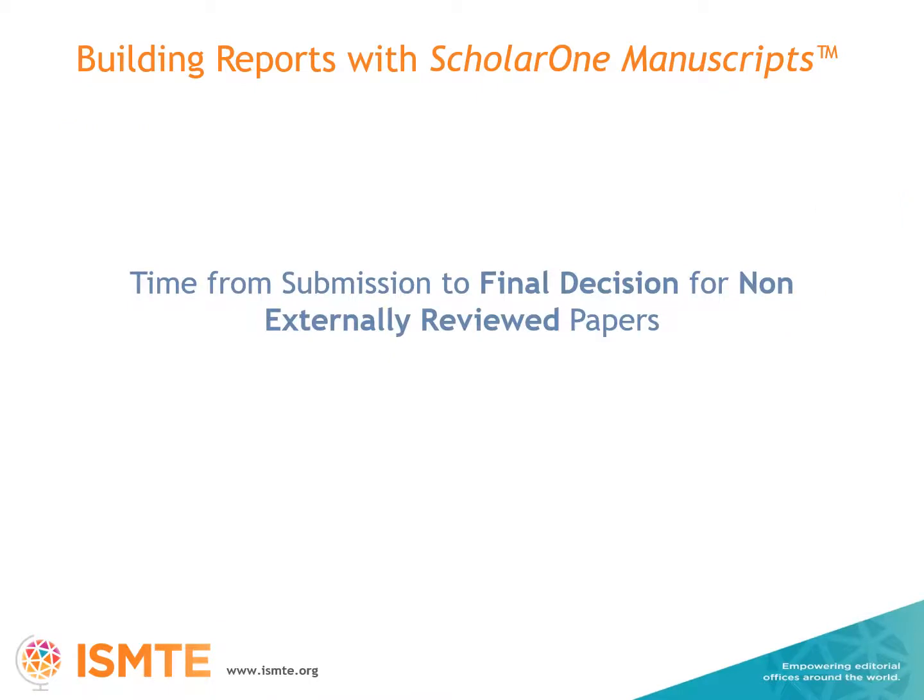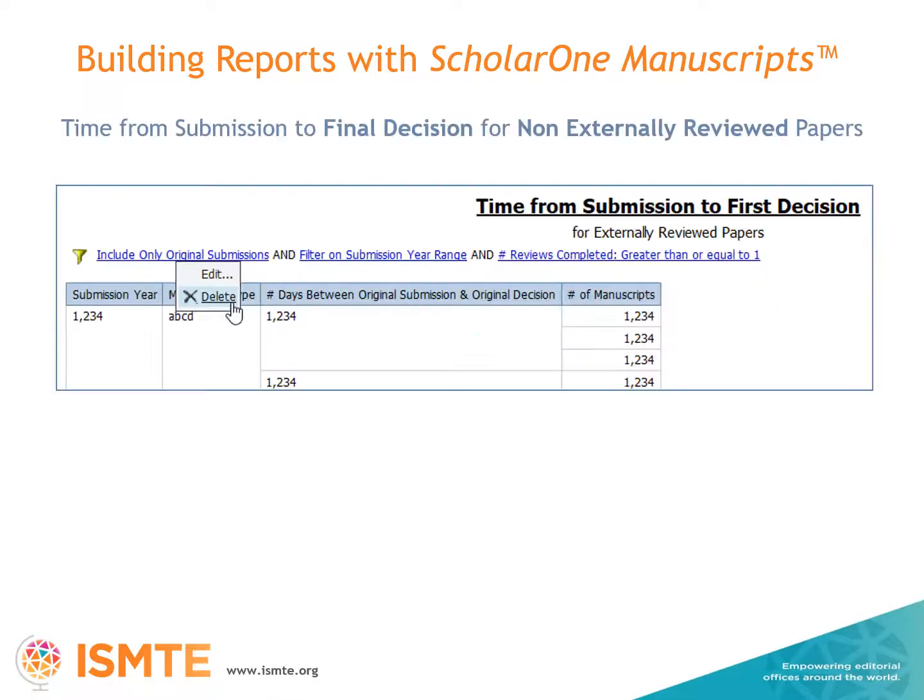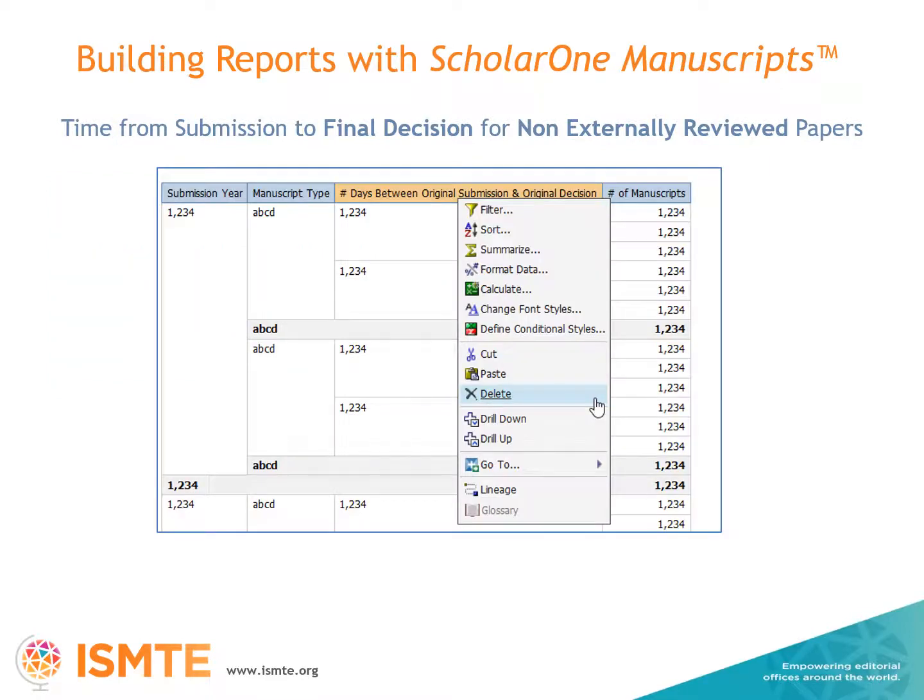Using the report you just created, you're going to make a couple of changes to create the next report, Submission to Final Decision, for non-externally reviewed papers. First, right-click Include Only Original Submissions filter and choose Delete. Next, right-click Number of Days Between Original Submission and Original Decision and choose Delete.